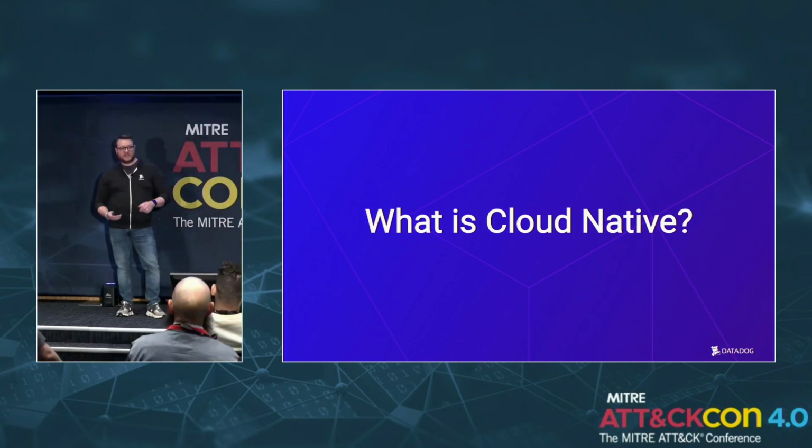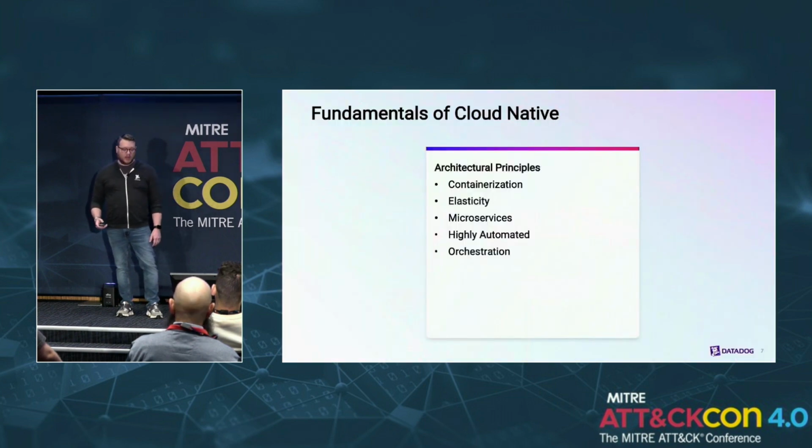Yeah, so as Matt said, we've seen that trend towards cloud native in software development and software deployments. With that, we've defined 5 architectural principles that underlie cloud native. First, we have containerization, basically packaging your applications and configurations into containers to make them more portable. Elasticity, basically shrinking and scaling your resources at runtime to take advantage of the cloud.